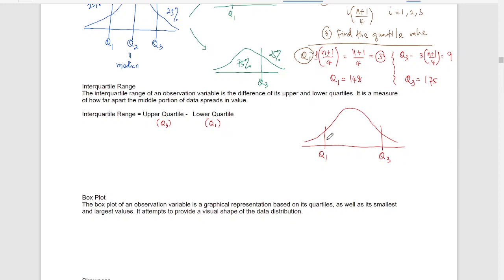The interquartile range is basically the difference between these two values. This is the IQR, and it consists of 50% of your data set.